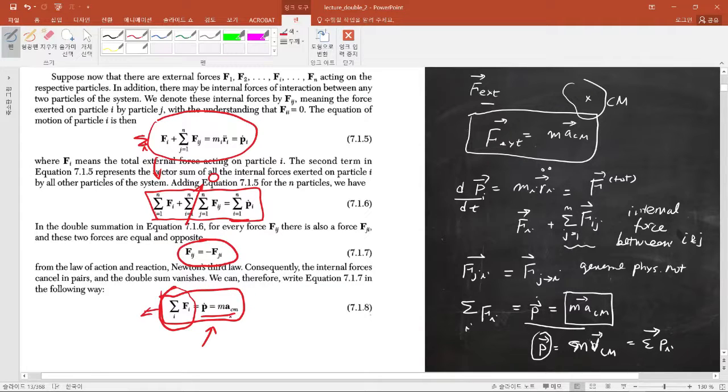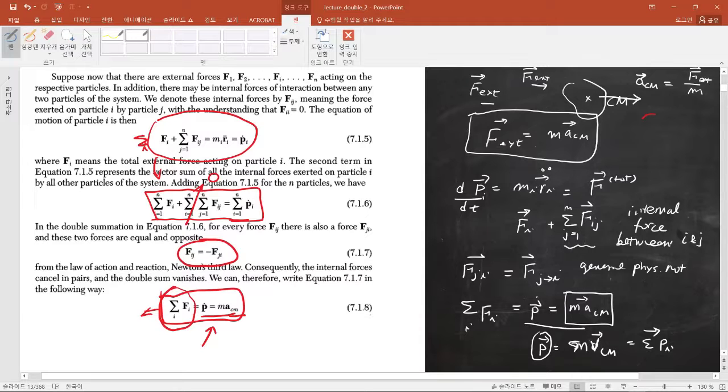Okay, so that is one point about the center of mass. If you have a particle here and you apply external forces here, then the effect of the external force is to accelerate the center of mass with acceleration a center of mass, which is equal to the total external force over the total mass m.